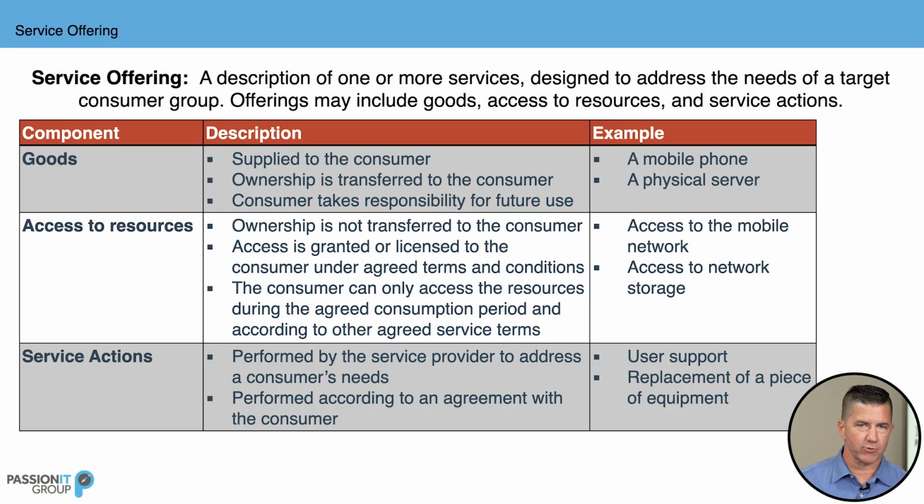Ownership is transferred to the customer. The consumer then takes responsibility for the future use, and they give you some examples here: a mobile phone, a physical server, right? Those are being transferred over to you, the customer. So you own those now. They're yours. Now that's different than perhaps the component known as access to resources.